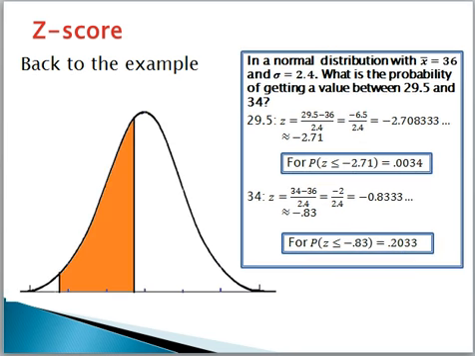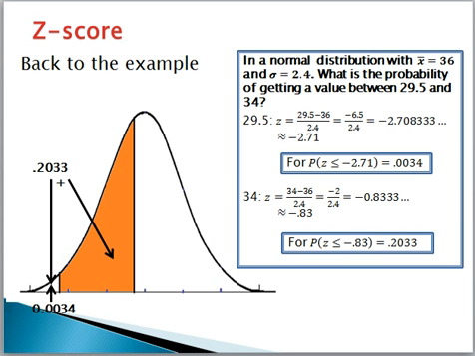Now looking at how we actually use this. If you look at the graph here to the left, we're looking at an area between two values, and we need to find the measurement of that area. Now I put in the values, and you see that the 0.2033 from the 34 range is the orange part plus the white part, and the white part is just 0.0034.